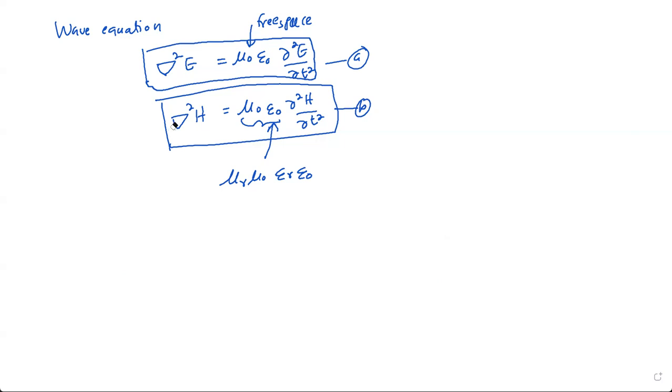This discovery led people to think about radio waves and how they propagate through space. A scientist called Heinrich Hertz was able to show experimentally that Maxwell's laws were correct. That is a little bit regarding the history.